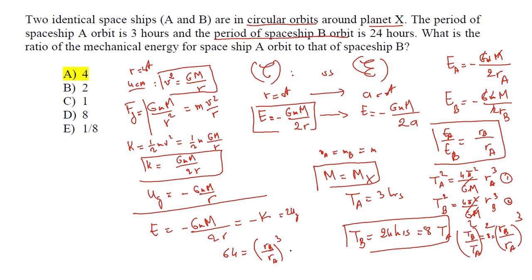So that means how much is RB divided by RA? 4. And then that's my answer. EA, mechanical energy A divided by mechanical energy B is equal to 4.